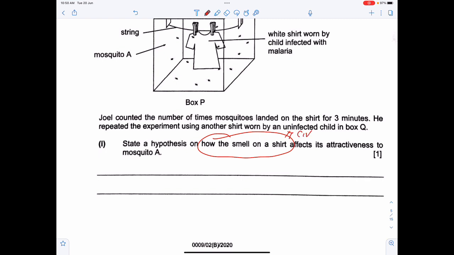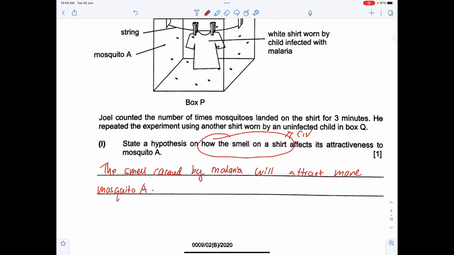So my hypothesis would be, the smell caused by malaria will attract more mosquito A. That's it. That is one hypothesis.